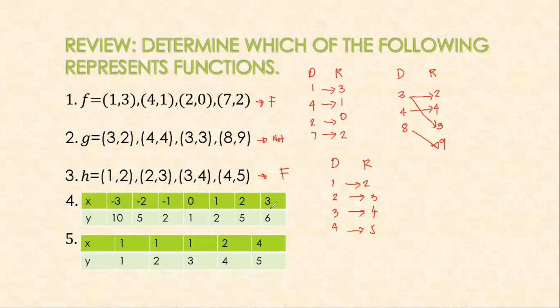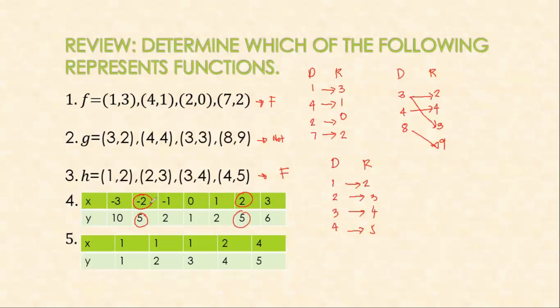Now let's move on to the table in number 4. If you can see from the table here, take note that an input or x value or a domain of -2 and +2 gives an output of 5.